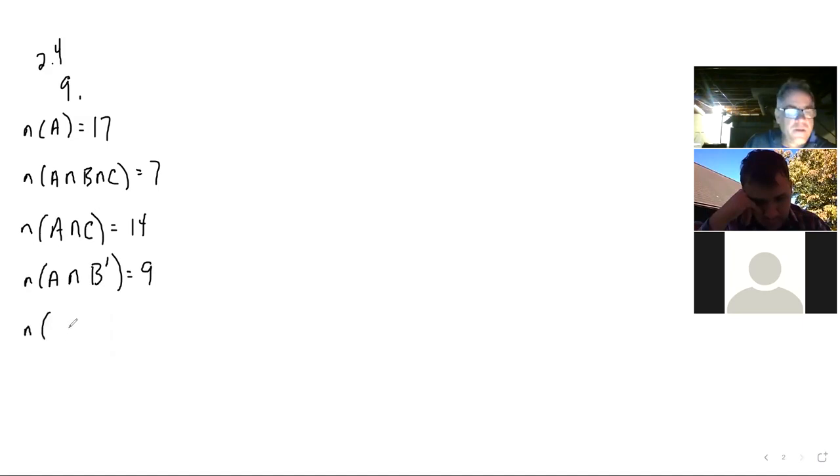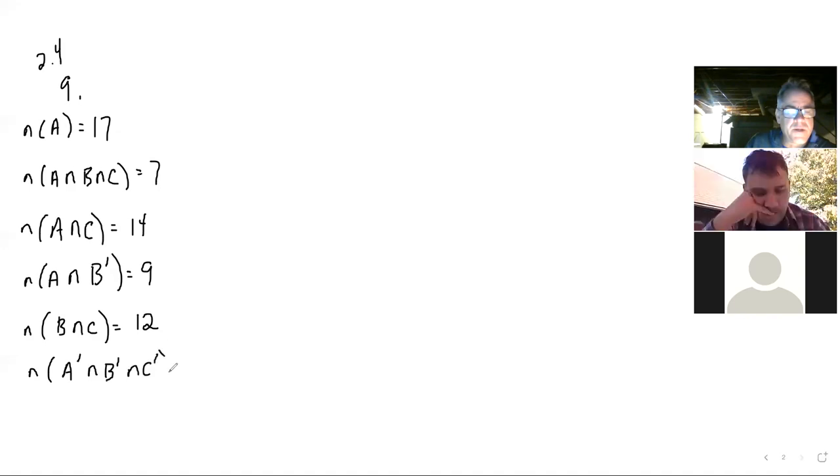Cardinality of B intersect C is 12. Cardinality of A complement intersected B complement intersected C complement is 19.